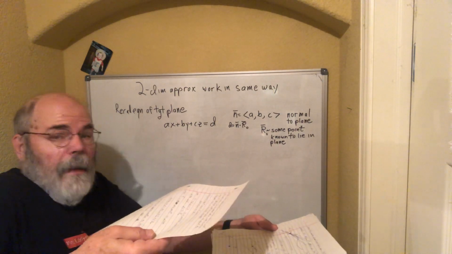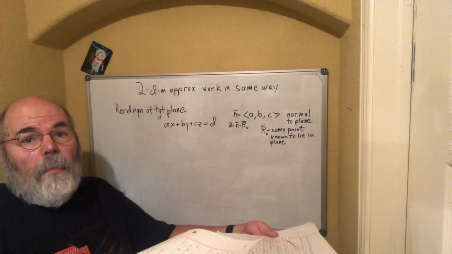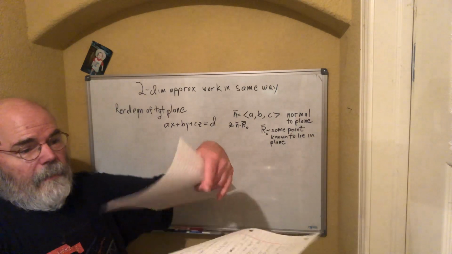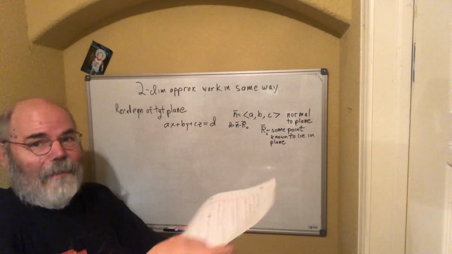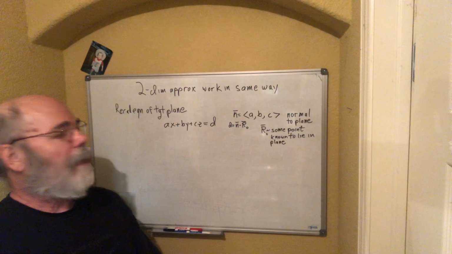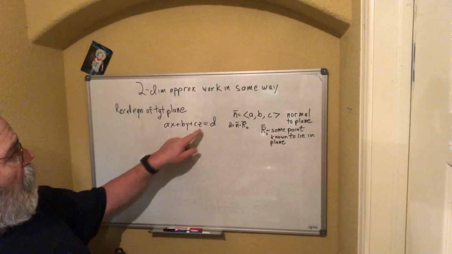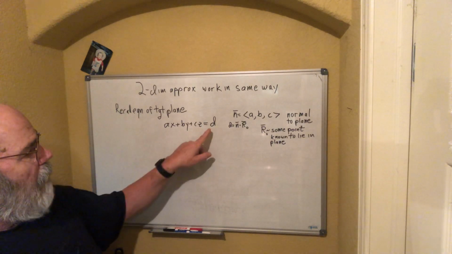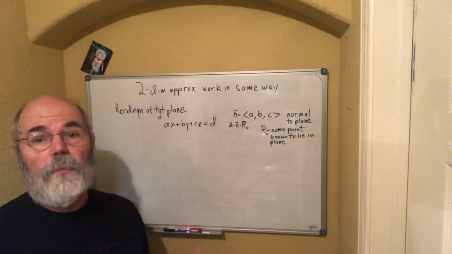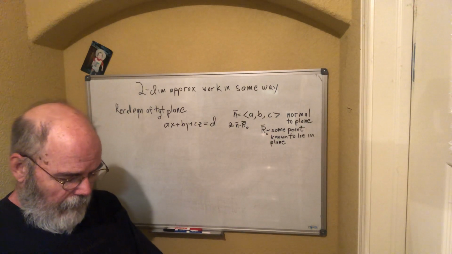However, these are not the same plane. Why not? Because they don't contain the same points, right? Even though the normal vector is the same, this contains this point, that one contains a point down there, so they're not the same plane. And so that's what that reflects. That's the difference. So any plane with the same normal vector has this part of its equation, but this one determines which plane it is, due to which point is actually in there. All right?